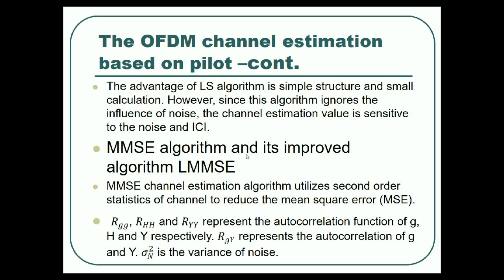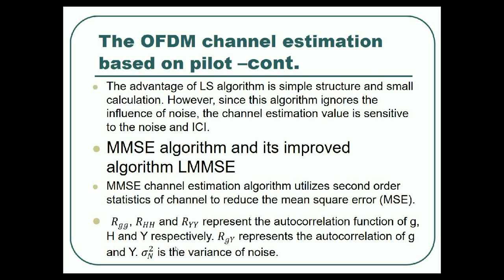So in order to overcome the influence of noise, we propose the MMSE algorithm and its improved algorithm LMMSE. The MMSE channel estimation algorithm utilizes the second order statistics of the channel to reduce the mean square error.